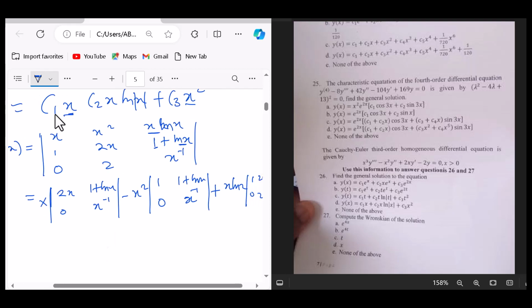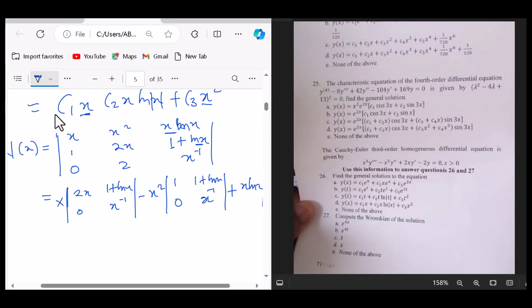And so that will simply mean that this and this, we have x into brackets 2 minus 0, sorry, minus 0, it was this column and this column, so that will just be 2, here is 2.